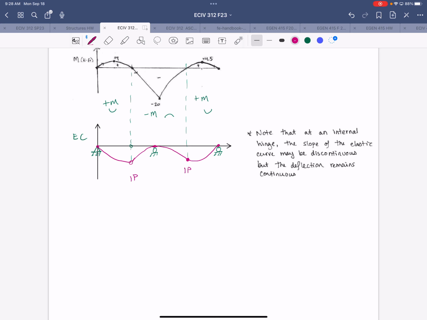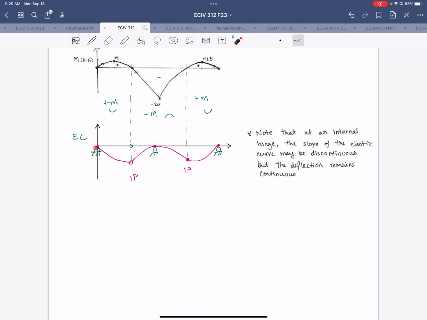Questions? Are you too worried about drawing those to scale? No, don't worry about drawing them to scale. I'm just going to be looking for: are you meeting the support conditions correctly? Are you showing the correct concave up or concave down? Are you identifying the inflection points correctly?